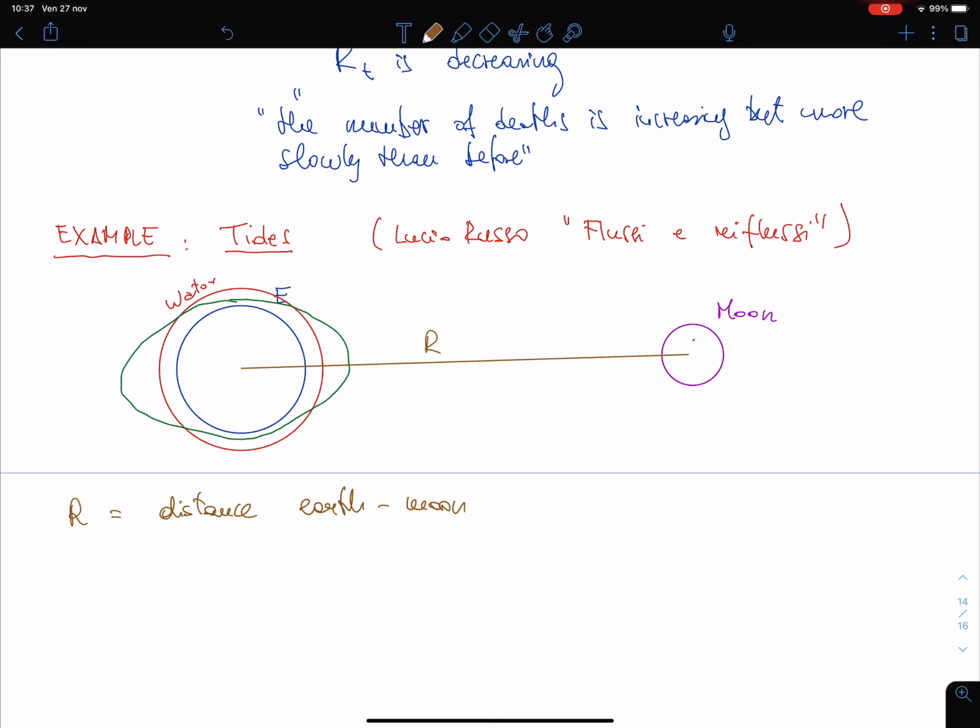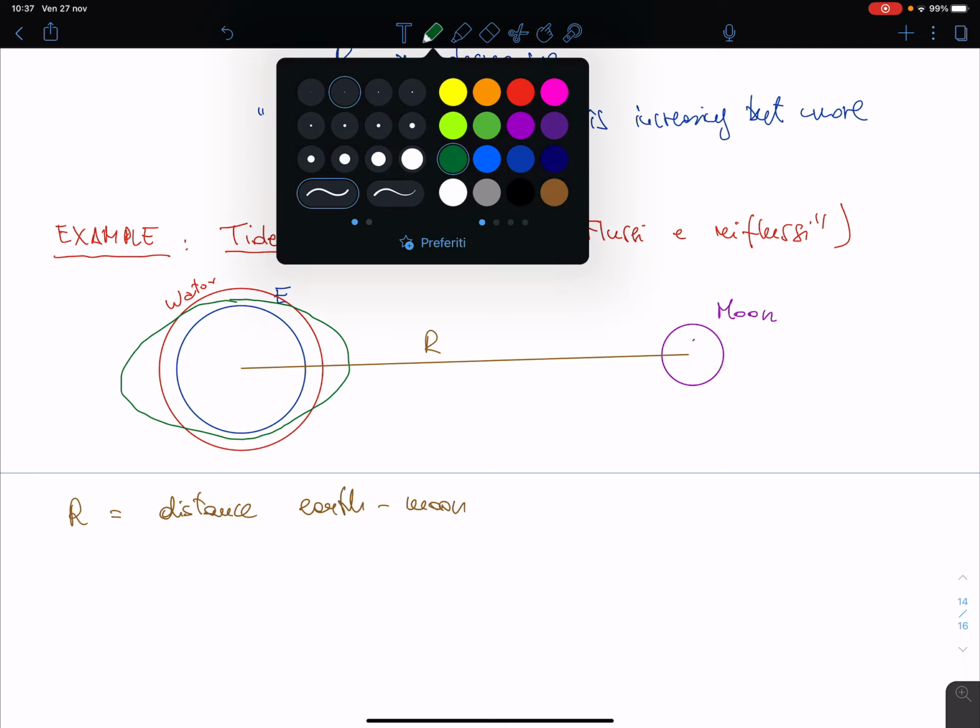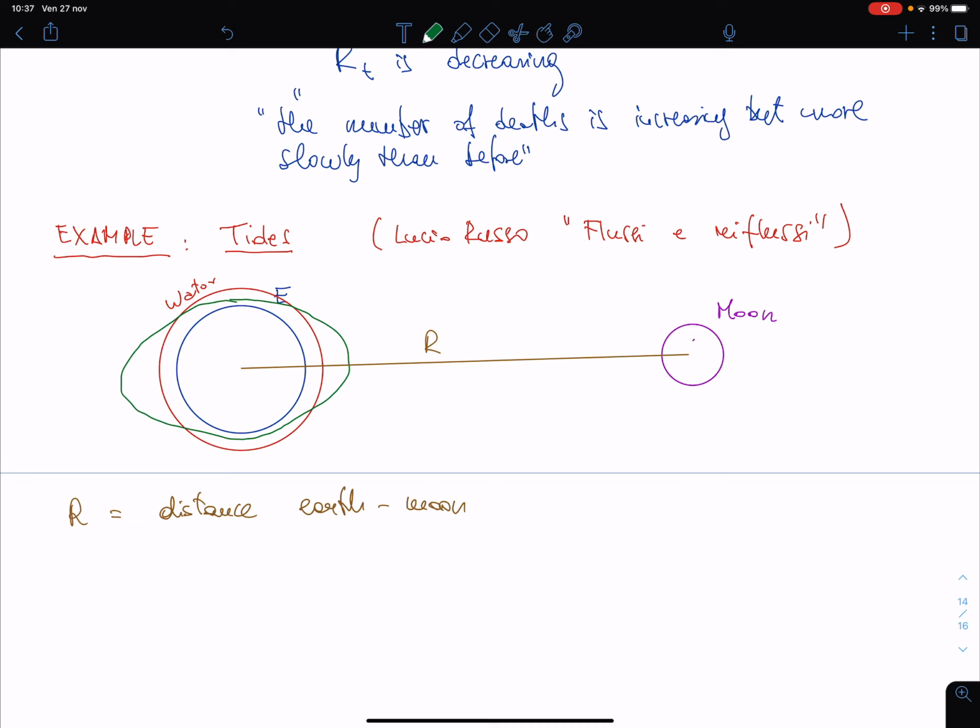Then we have other important elements in this computation. So small r here is the radius of the Earth.